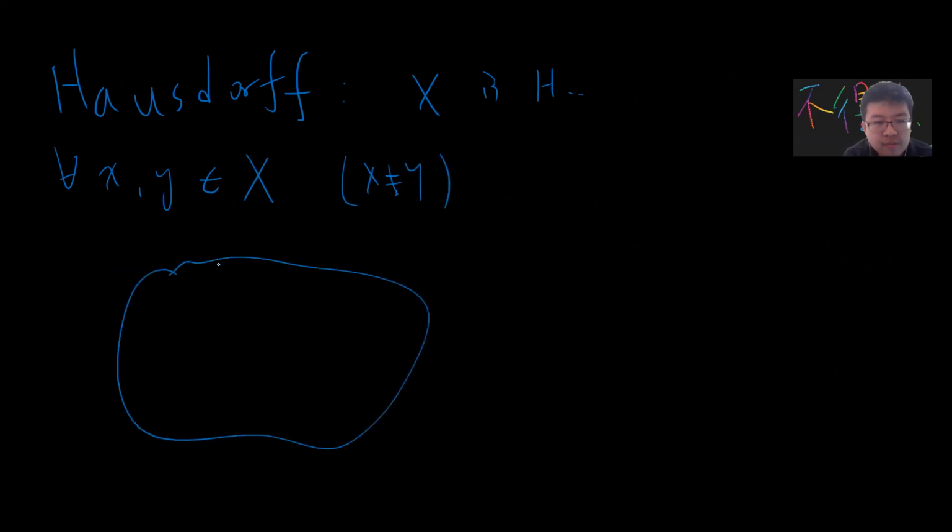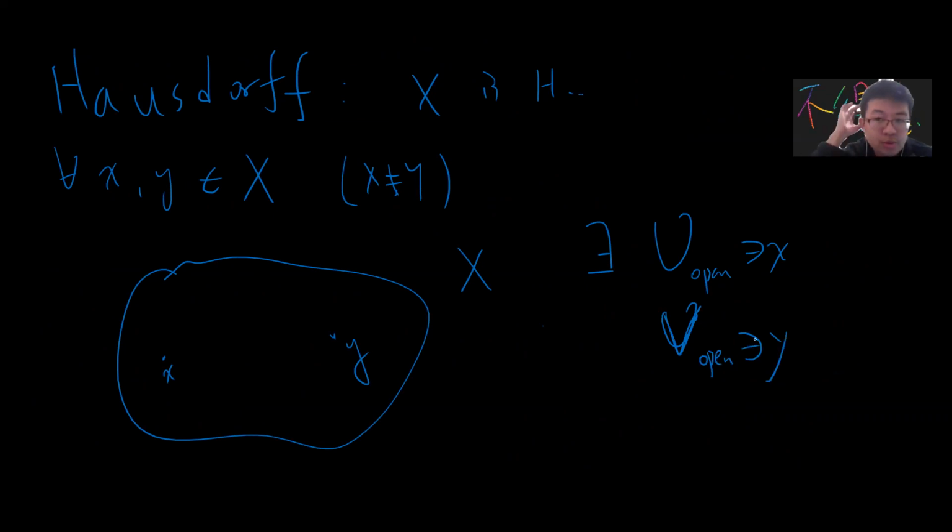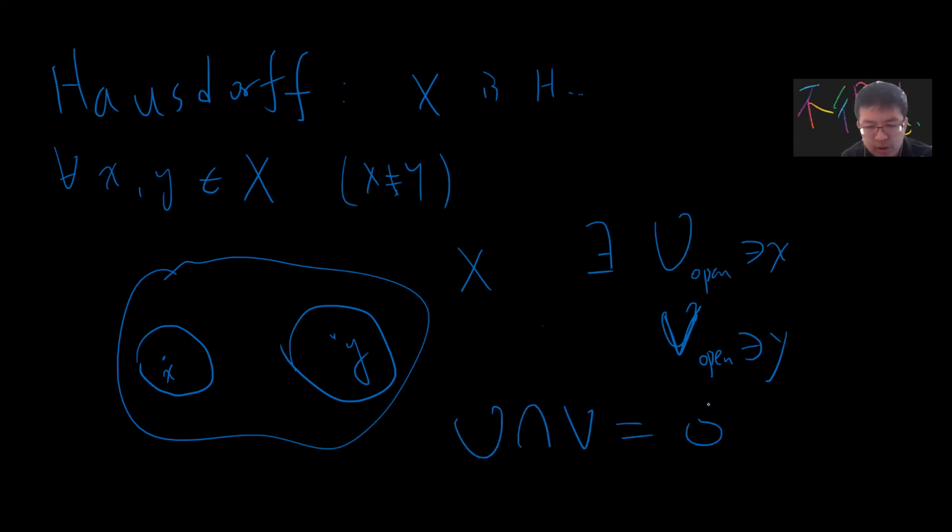X is Hausdorff means that for any x, y belonging to X which are different, there are open neighborhoods U covering x and V covering y. So you can find two open sets such that they are distinct, such that they don't intersect: U intersection V is empty.